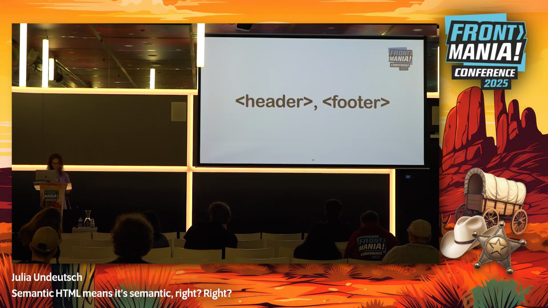But you can also use them when creating articles, for example, or cards. You can make a card that has a header and then its body text and also a footer. And then it's not a direct child of the body element anymore, but of the card element or an article.